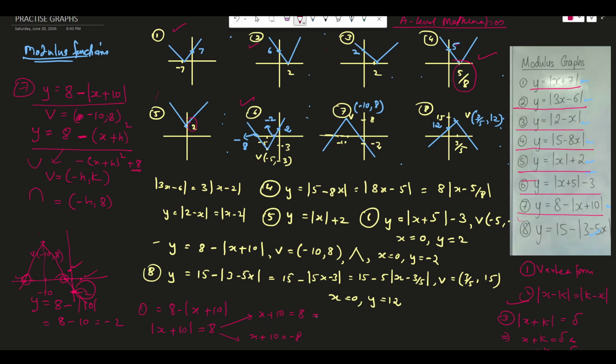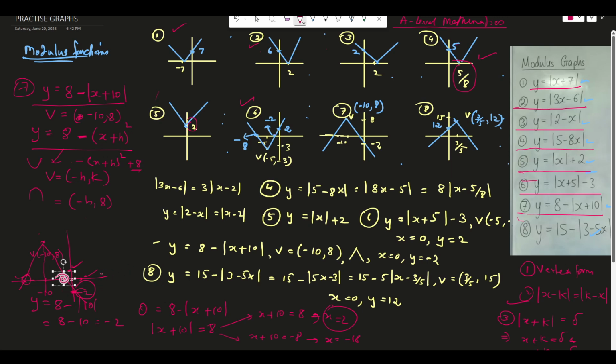So this will be either x equal to 8 minus 10, that is minus 2, or this will mean that x is equal to minus 8 minus 10, so x equal to minus 18.